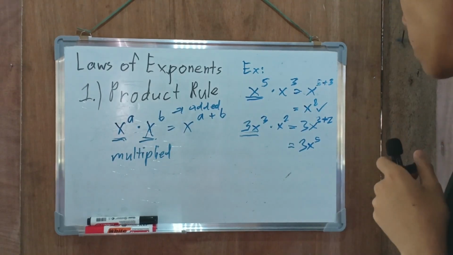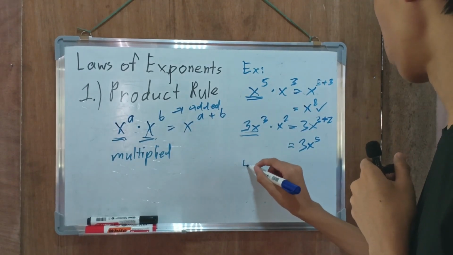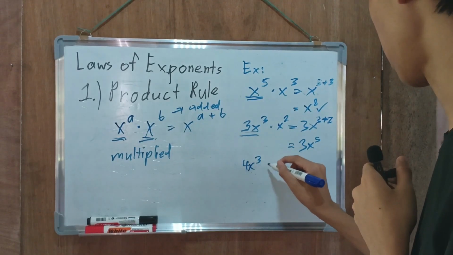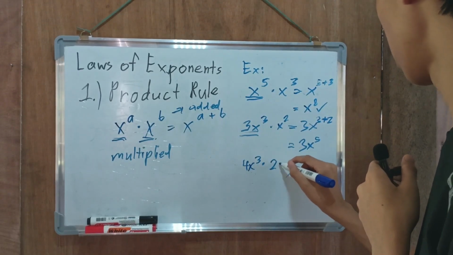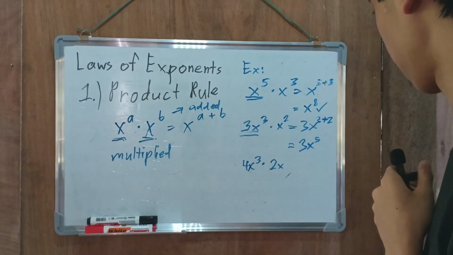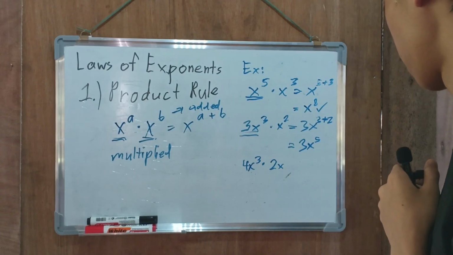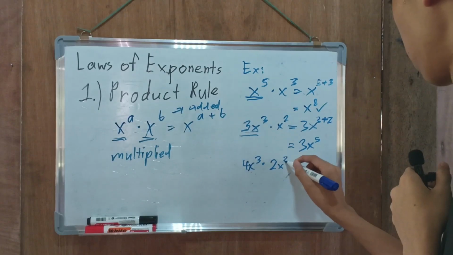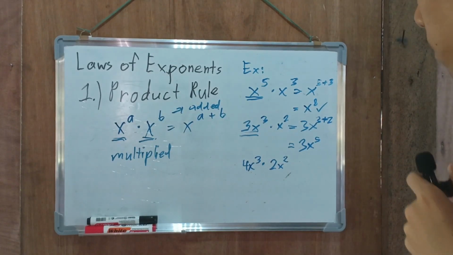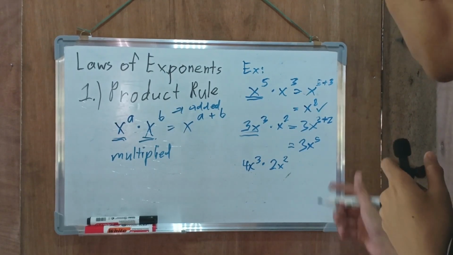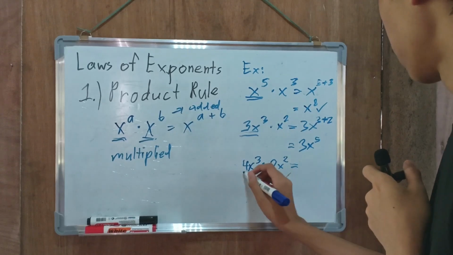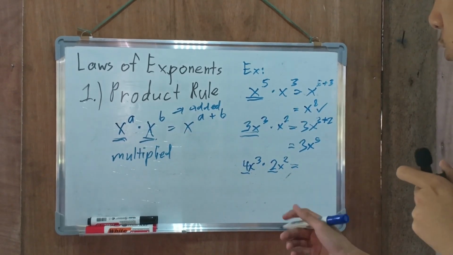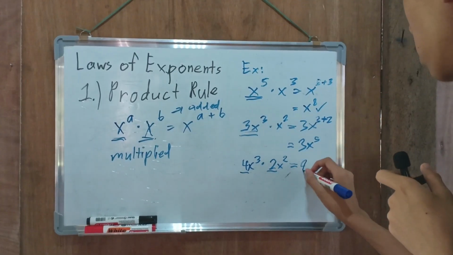Now, I'll give you even more examples. Let's assume this is 4x raised to 3 times 2x raised to 2. When you encounter this, you need to multiply the 4 and 2. So 4 times 2 equals 8.